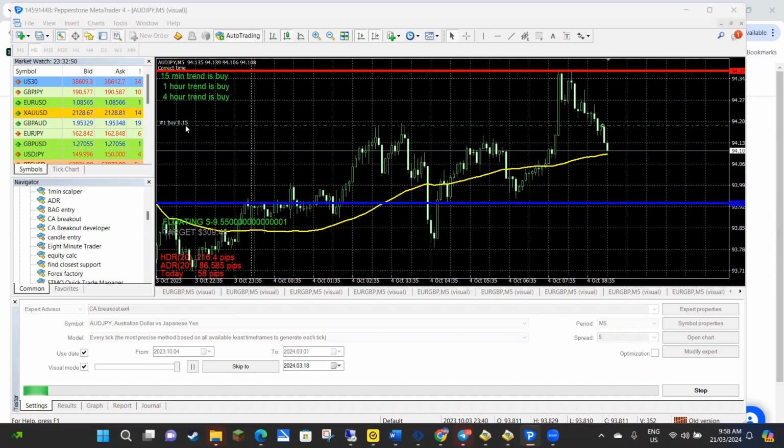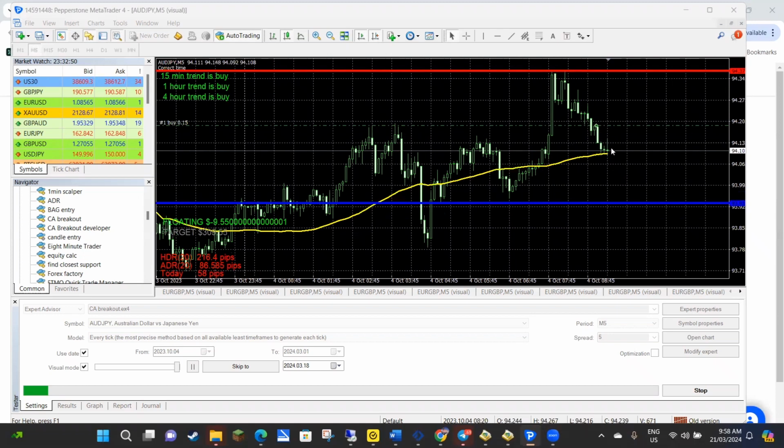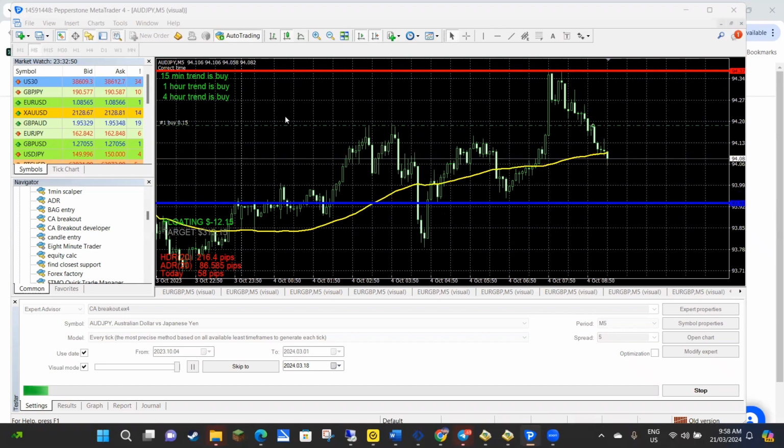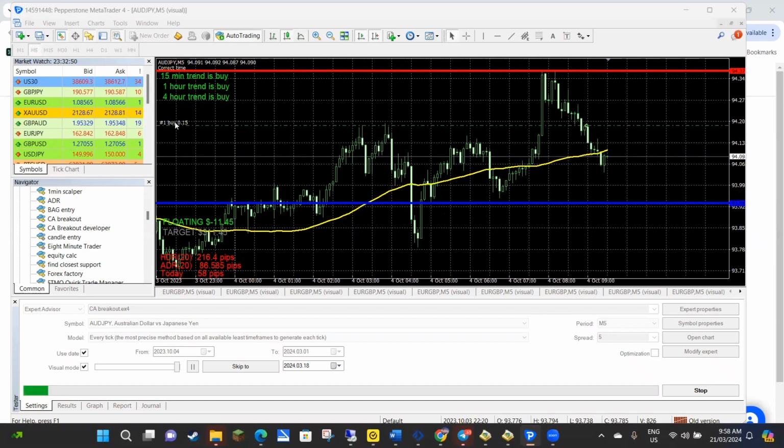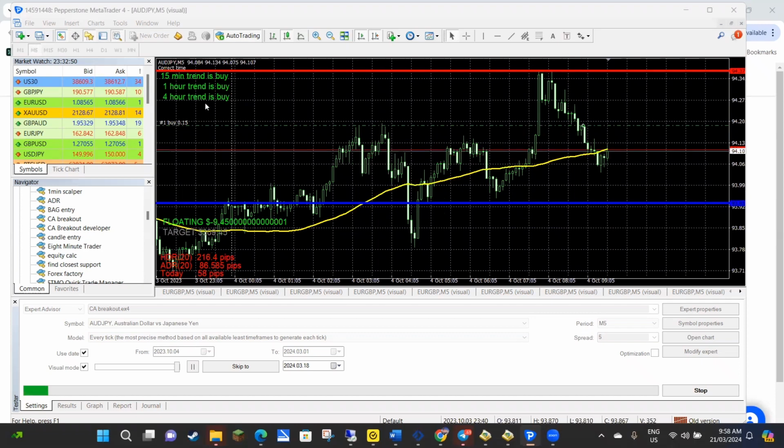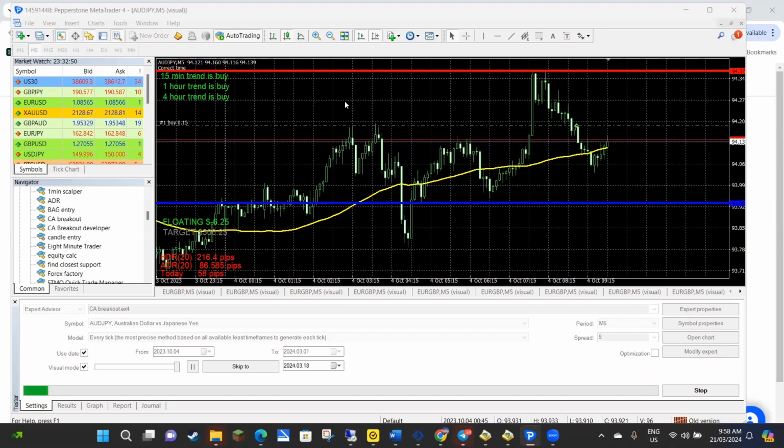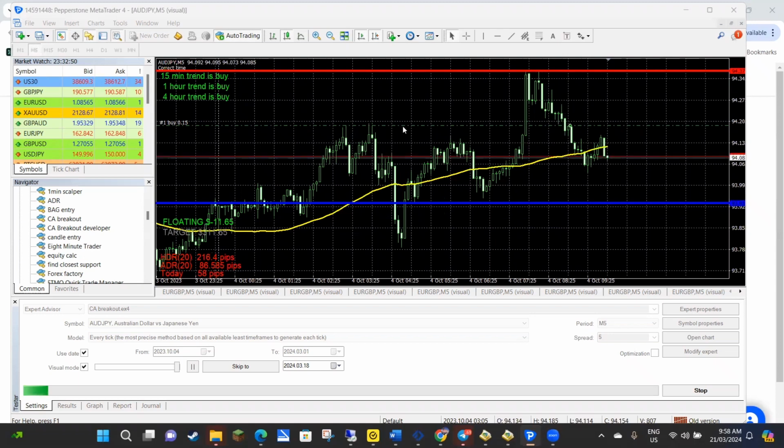There we go. As soon as they change, we've got a buy order now. Again, that's not necessarily a good thing. I'm just showing you how the actual range breakout override works there.